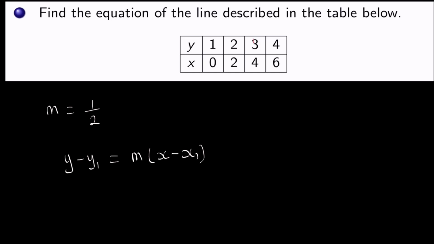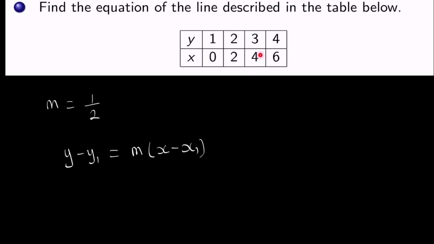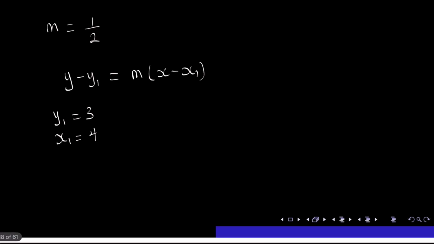Here we can pick any of the y points as y1 and its corresponding x points as x1. Picking the point (3, 4), we are going to have y1 equal to 3 and x1 equal to 4. And so the equation of the line will be given as y minus 3 is equal to m, which was defined to be 1/2, times (x minus 4).